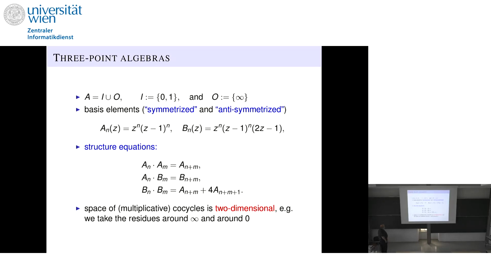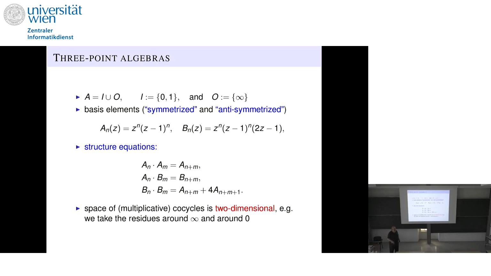No. This is one choice. We have to put the 3 points at 0, 1, infinity, and now we have to take a splitting. In the presentation I take 0 and 1 as incoming, and the outgoing will be the infinity.